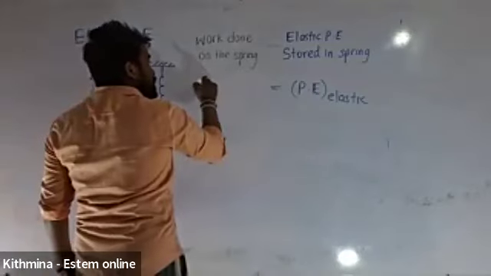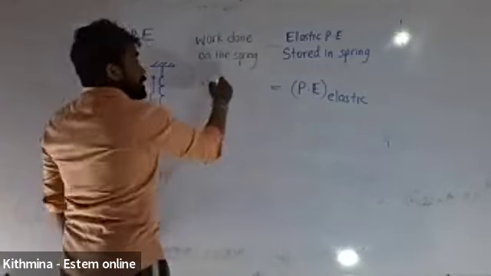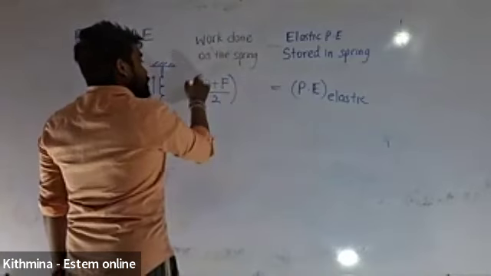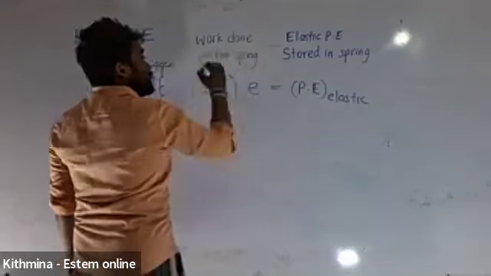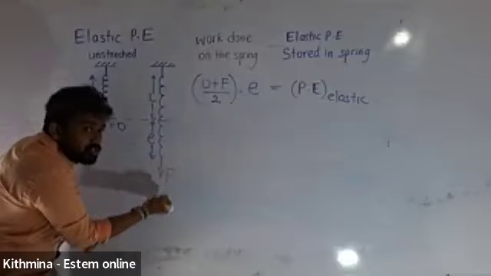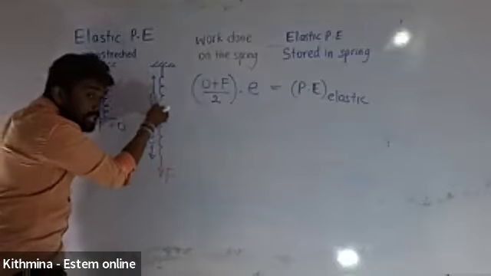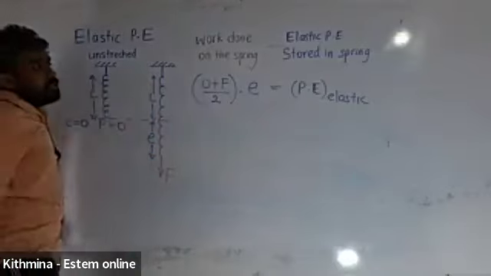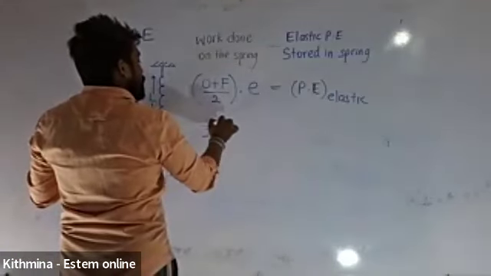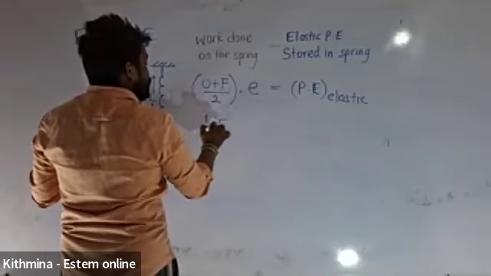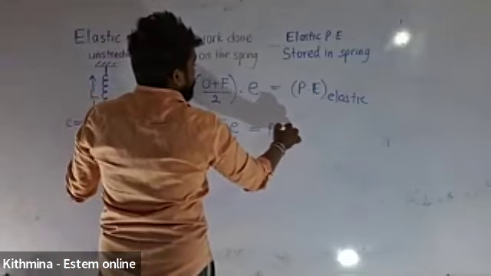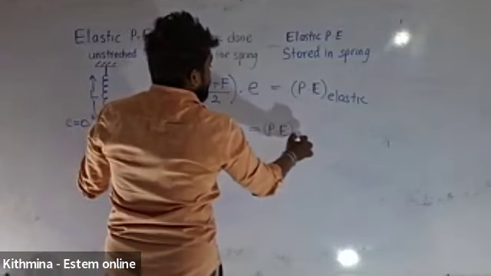The mean force is the initial force plus the final force divided by 2, multiplied by E, the length that the spring is stretched. Then we can get the equation: half F E is the elastic PE.